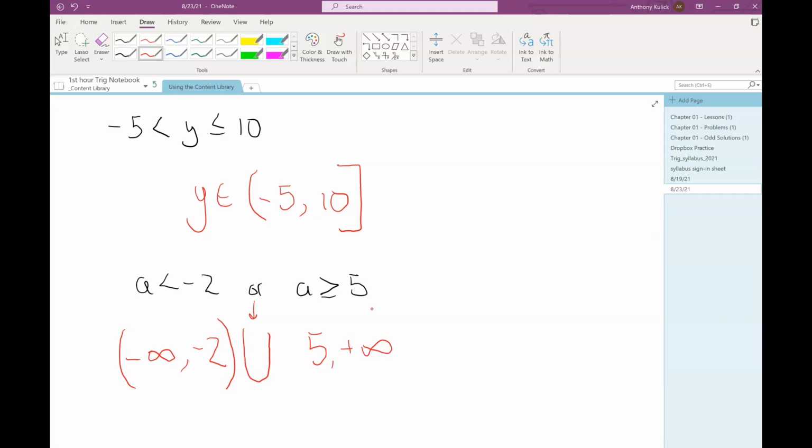But, okay. So the infinities, again, always get a parenthesis, so I'll just put that in right there. The inequality attached to the 5 is greater than or equal to, so the symbol I need to use at the 5 is the bracket.